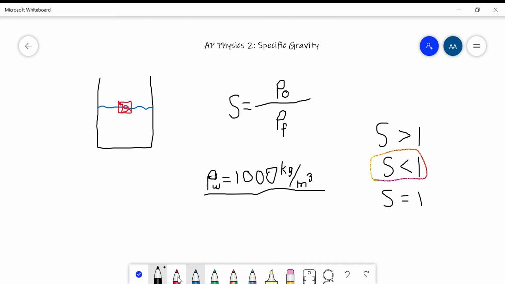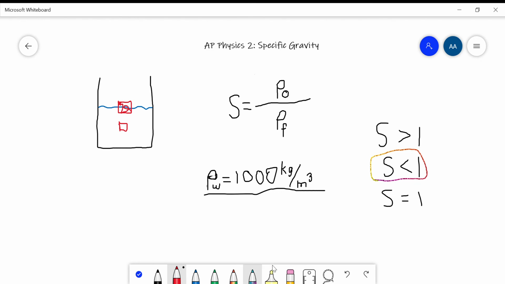If I remember correctly, correct me if I'm wrong, it'll kind of just be in the water. It won't be at the bottom, but it won't be up here. It'll be kind of in the middle.